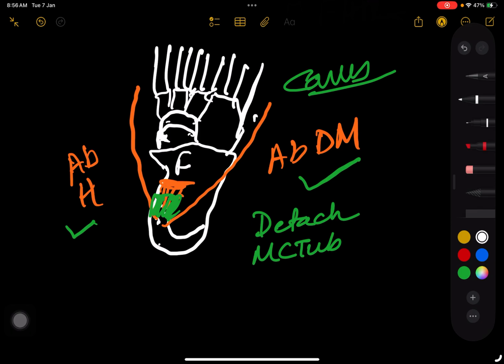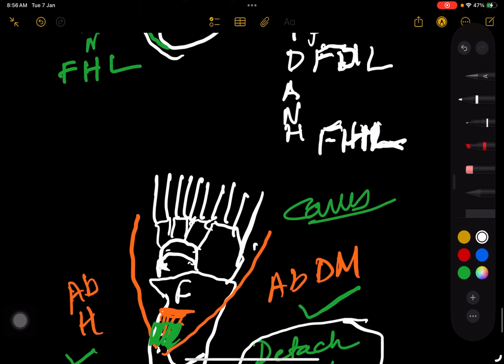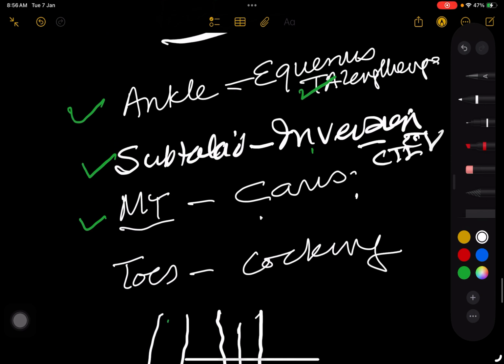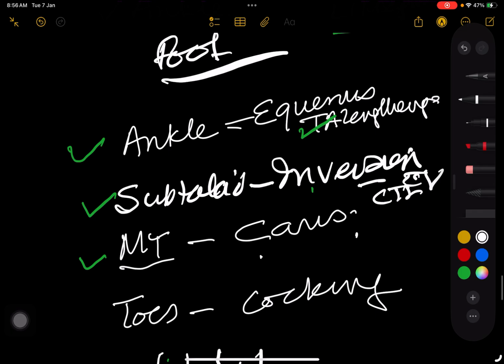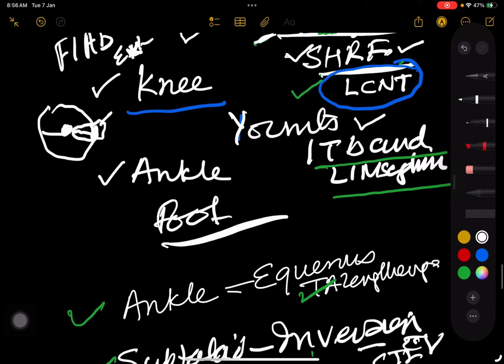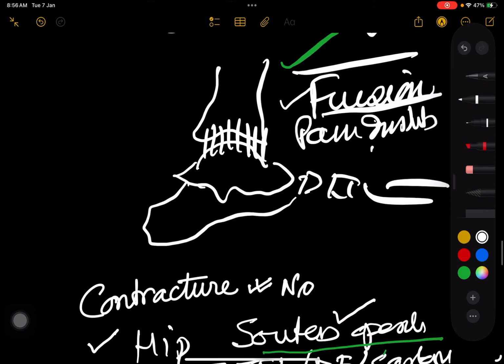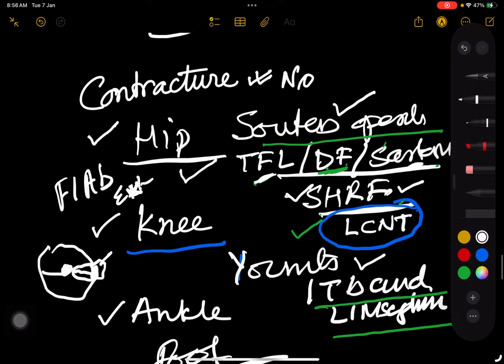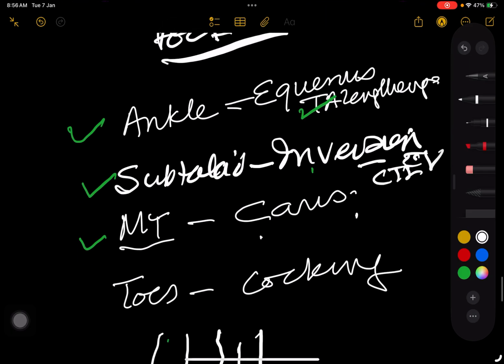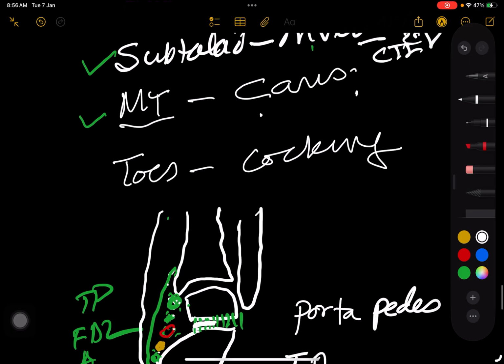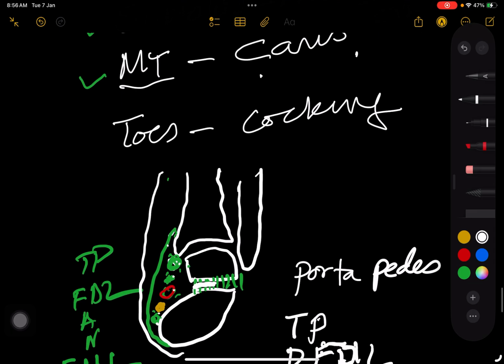You detach these from the medial calcaneal tuberosity. So this is how you correct contractures. After correcting contractures, you either give an orthotic device in case of extensive paralysis, or you do a tendon transfer, bone block or fusion operation. So this finishes poliomyelitis.